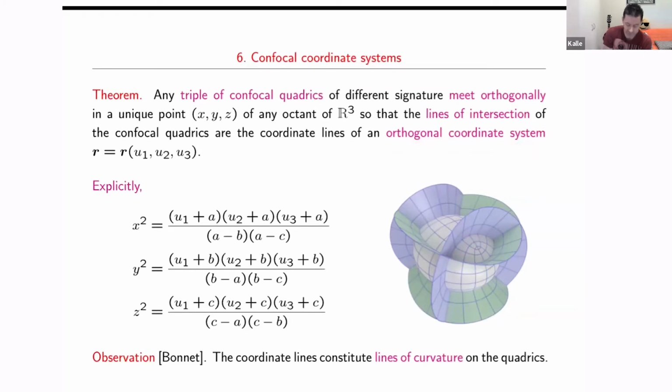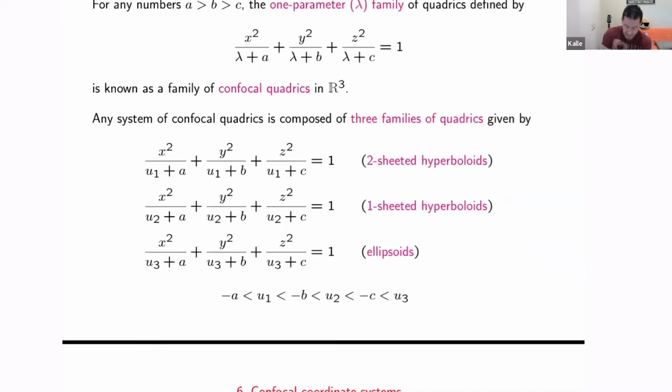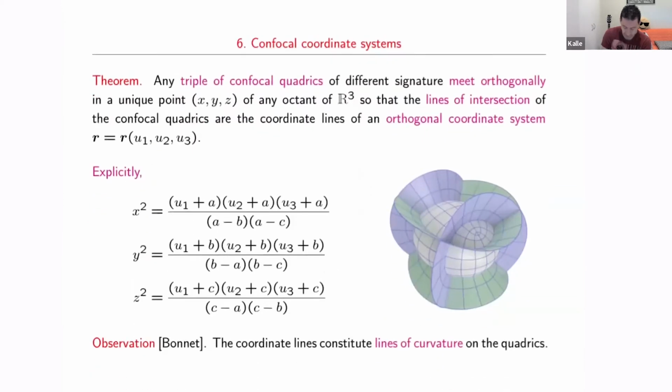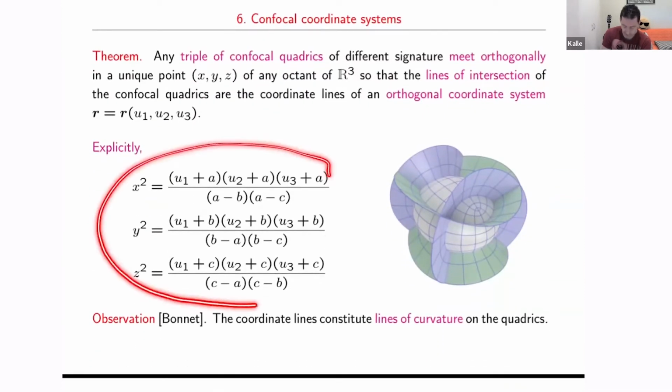So you can use U1 and U2 and U3 as the parameters of your coordinate system. So that gives you an orthogonal coordinate system. If you take those three quadrics here and you solve for the squares of x, y, and z, so you have three equations for three quantities, you're going to end up with those relationships here, and that is your orthogonal coordinate system.